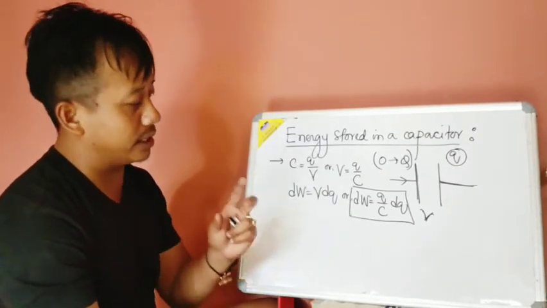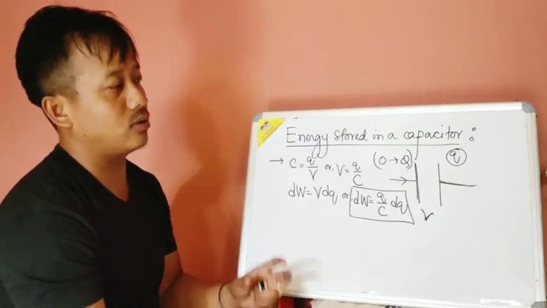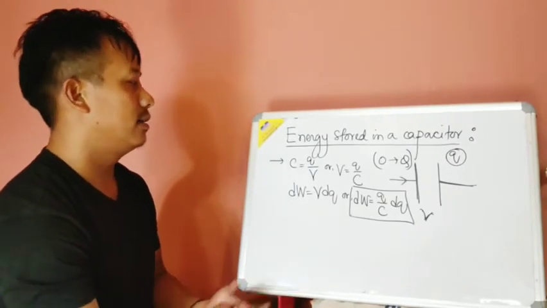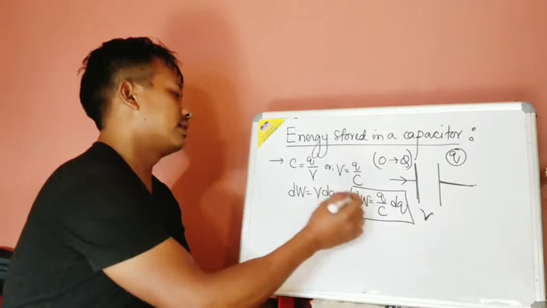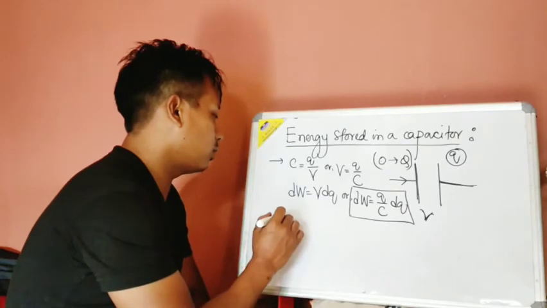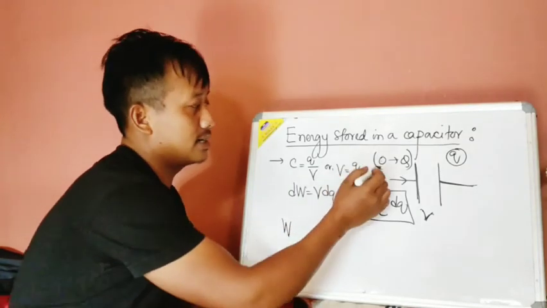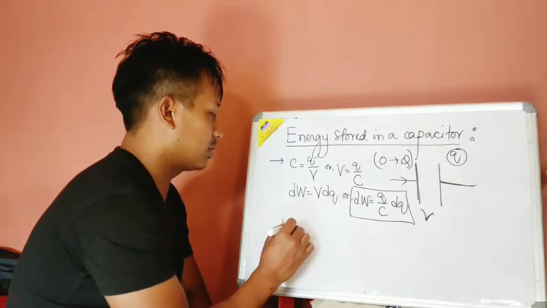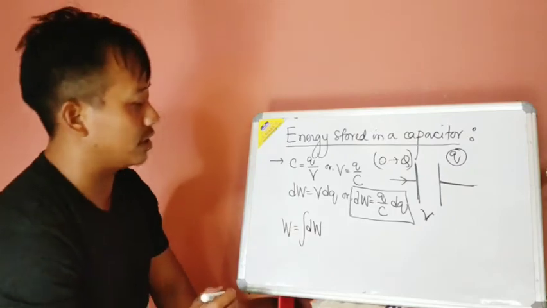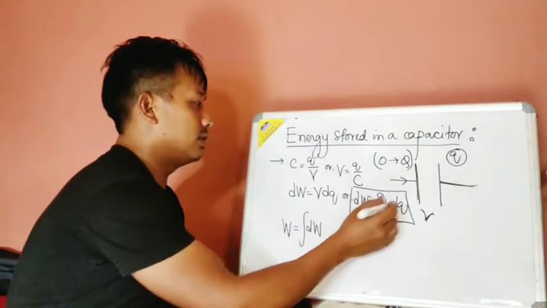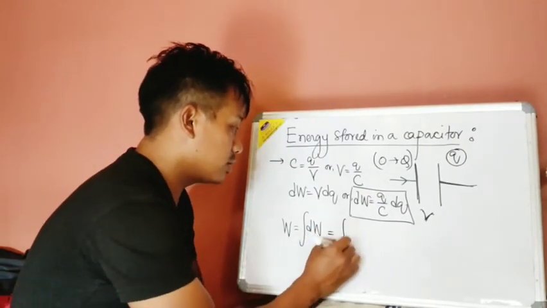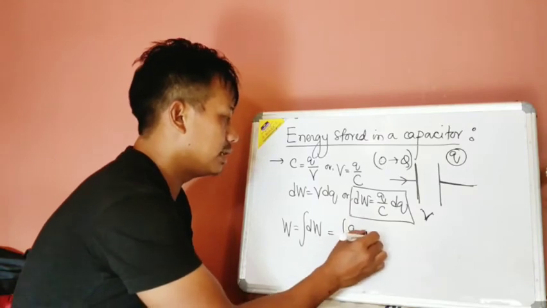As you know by the work energy theorem, work done is equal to change in kinetic energy or potential energy, by conservation of energy. From small work done, we find total work done in charging the capacitor from 0 to Q. You will use the concept of integration: W equals integral of dW, which is the integral of q by C dq.